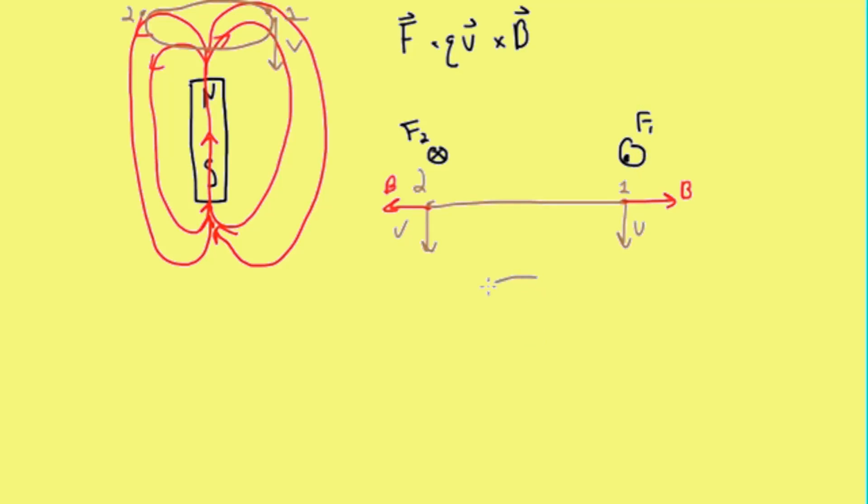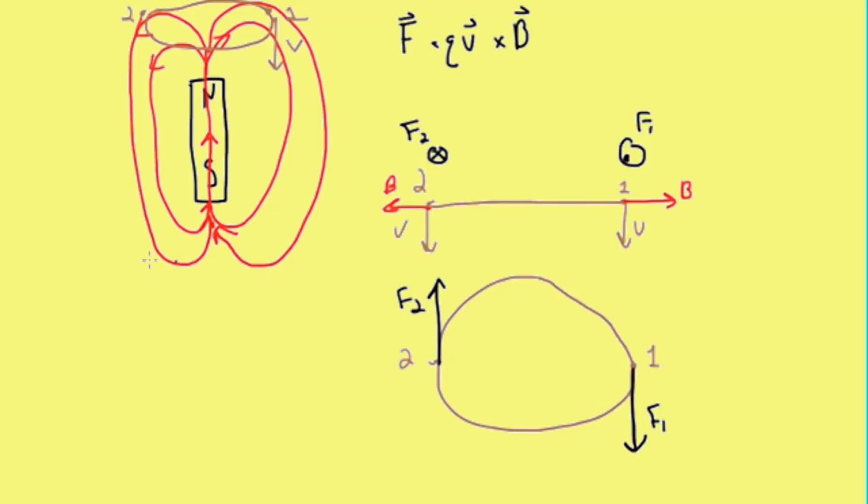If we redraw this loop and say that this is point 2 and this is point 1, the Lorentz force here will be in this direction, and the Lorentz force here will be in this direction.